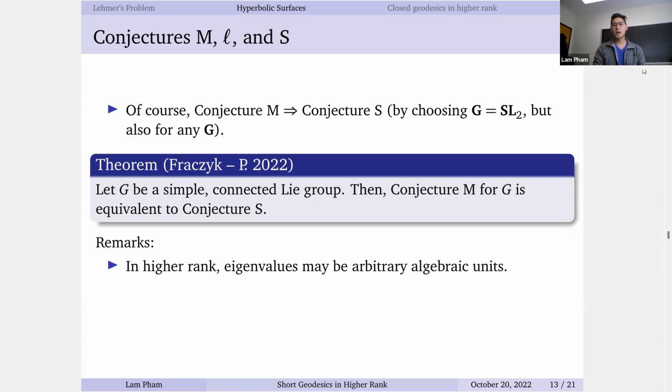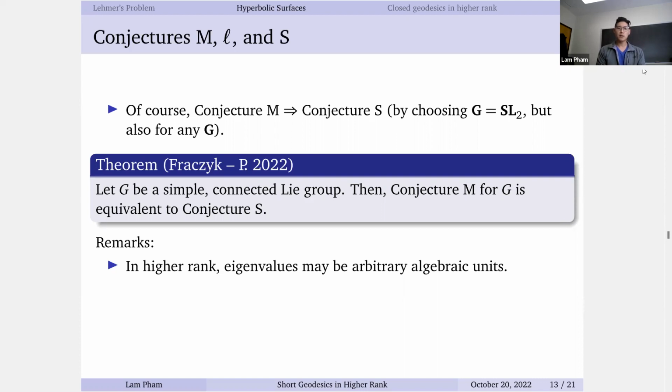Now, why is this? It leads to pause a little bit. Because if you look very carefully, in SL2 you have just one eigenvalue and its inverse for your elements, and so it's a very simple algebraic integer. Not that simple, obviously, because these are Salem numbers. But in higher rank, the eigenvalues could be just arbitrary algebraic integers.